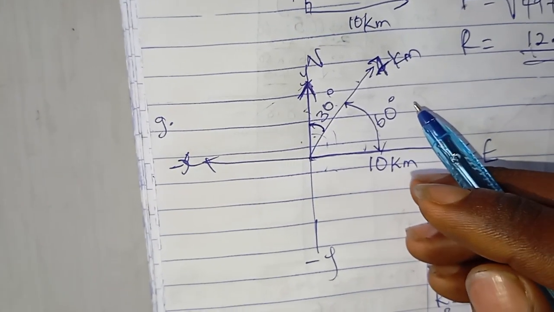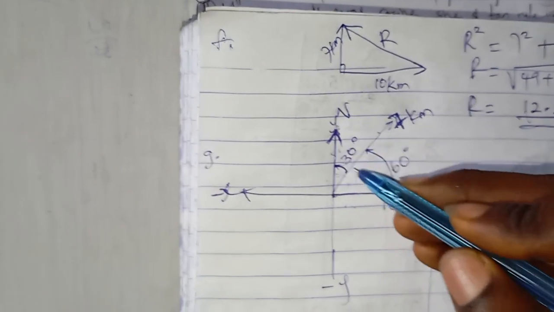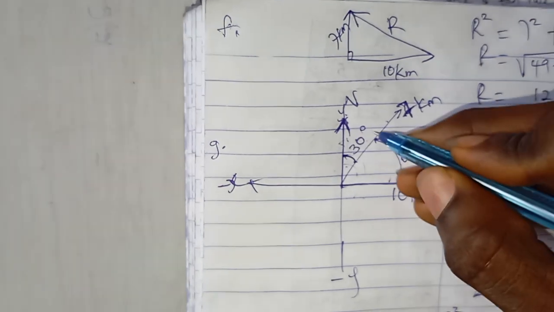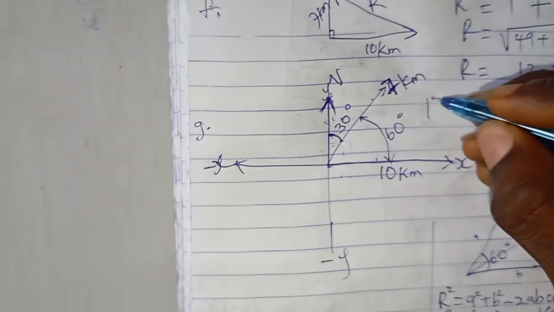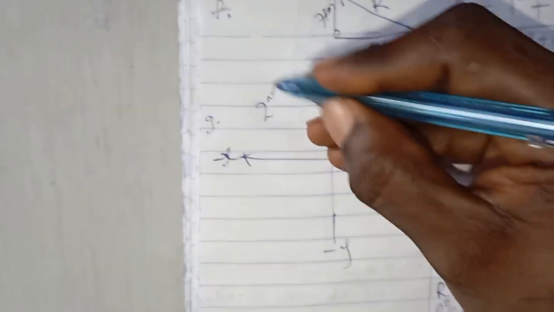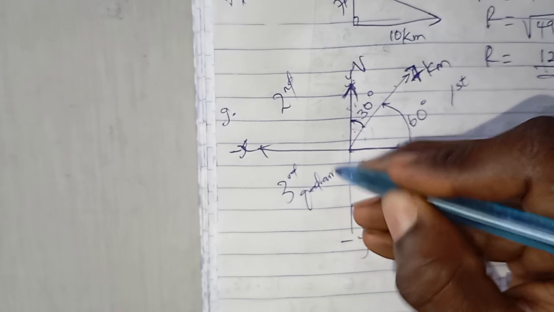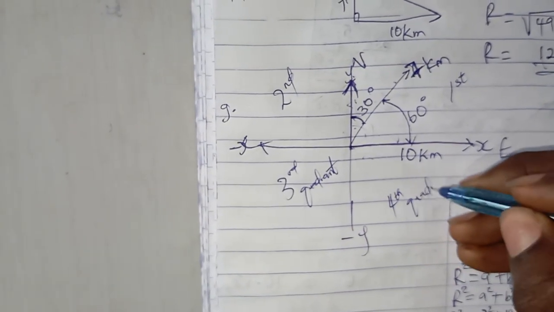Physics controls everything that has to do with the physical. So when he's at 30 degrees from the north of east, notice that he's creating an angle here, which is 60 degrees, because we have to start from the first quadrant. I told you that this is the first quadrant, second quadrant, third quadrant, and fourth quadrant.